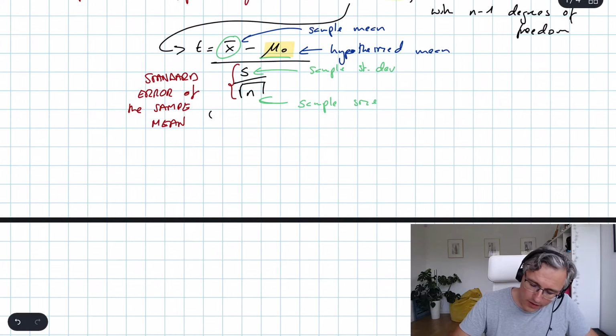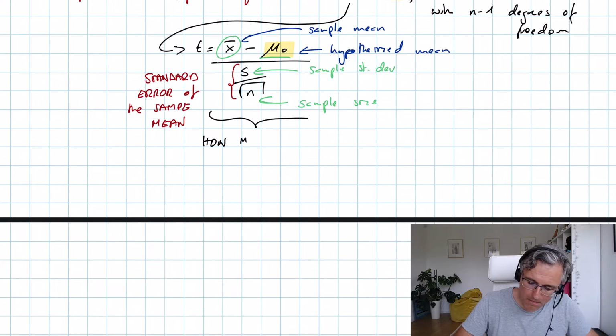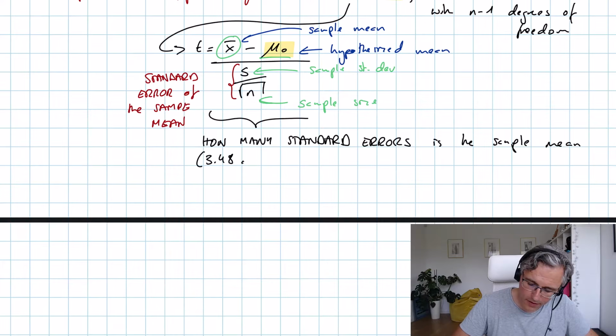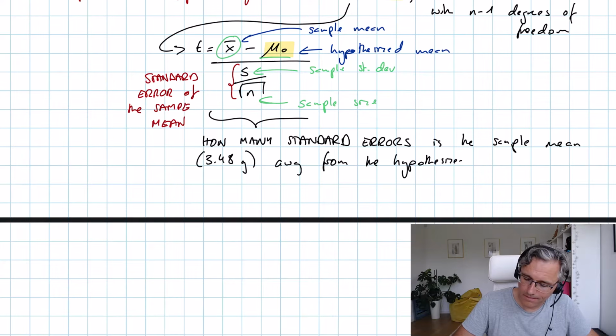So what this really tells us is how many standard errors the sample mean, in our case 3.48 grams, is away from the hypothesized mean, 3.5.